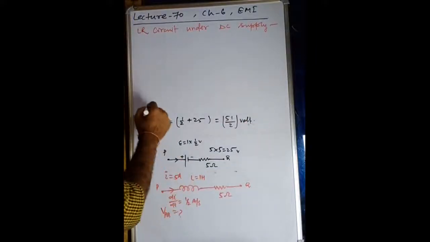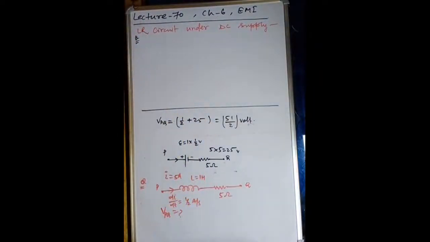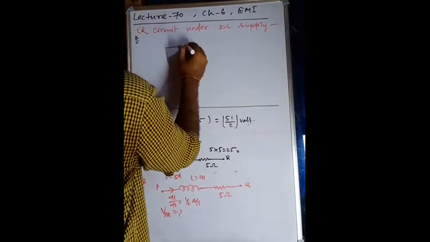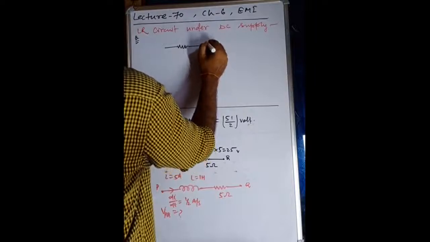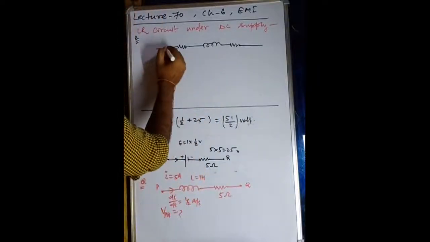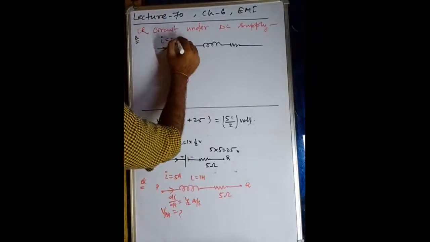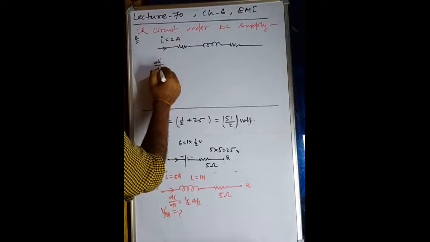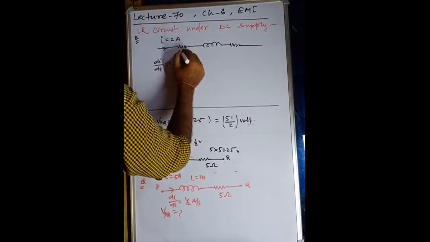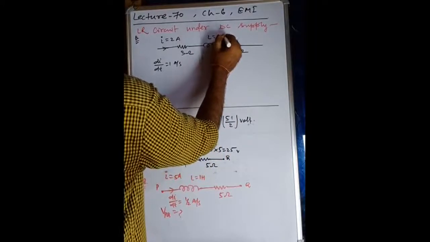Now, one more question I am giving you. Try to solve. I will change the shape of that question a little bit. It is the resistance, another inductor, and one more resistor. Here the current is 2 ampere, and di by dt is 1 ampere per second, the resistors are 3 ohm and 2 ohm, and L equals 2 Henry.